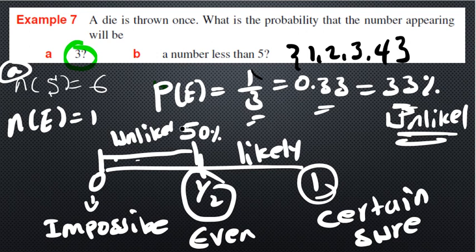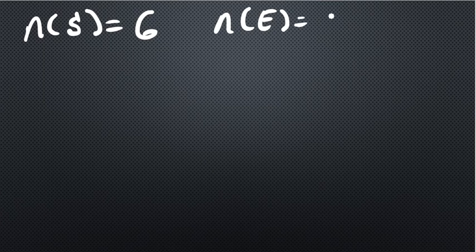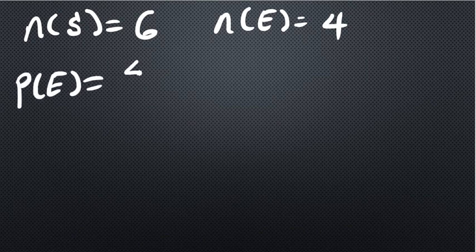Okay, let's go to the next page and do it. The number of sample space, as we said, is 6, and the number of the event, a number less than 5, is 4. So the probability of the event is 4 over 6.